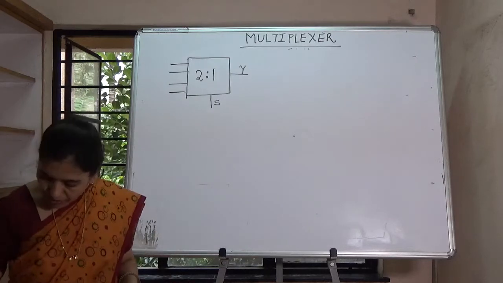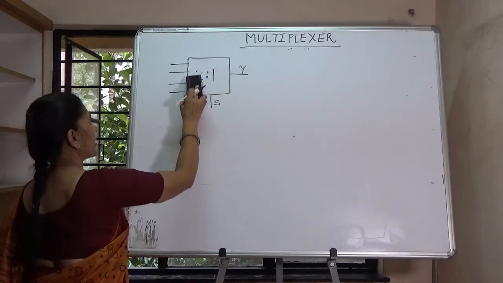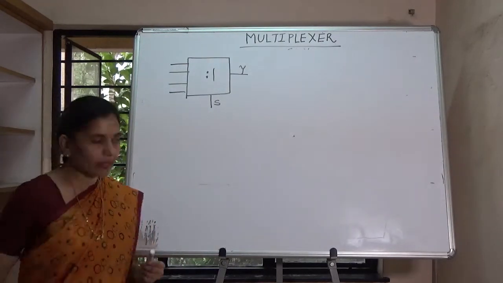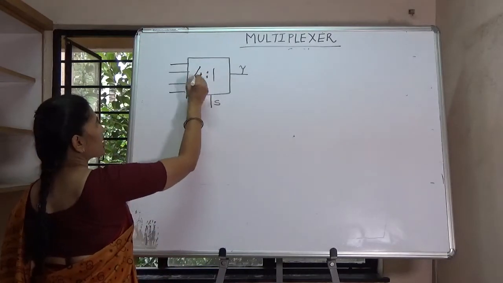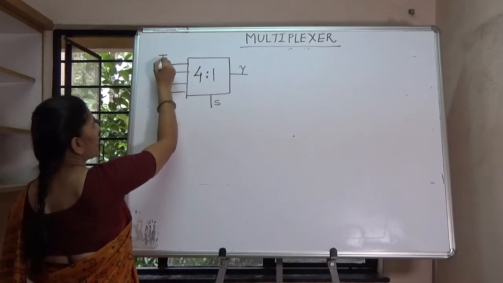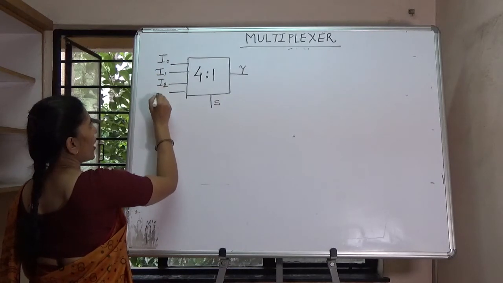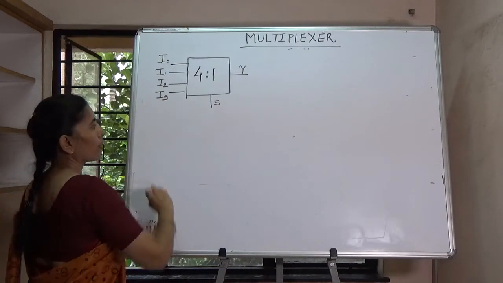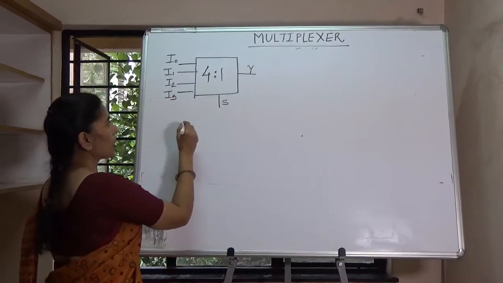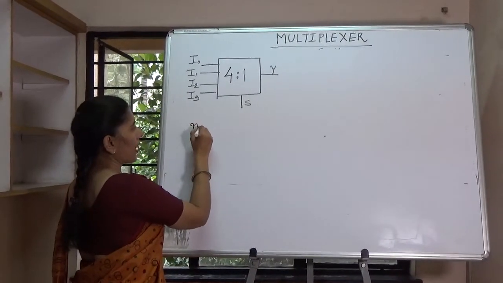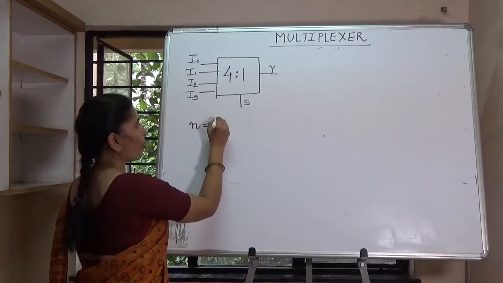So we are now drawing the schematic of a 4:1 multiplexer which has four inputs. Let's name them as I0, I1, I2 and I3. Now the number of inputs n is 4.